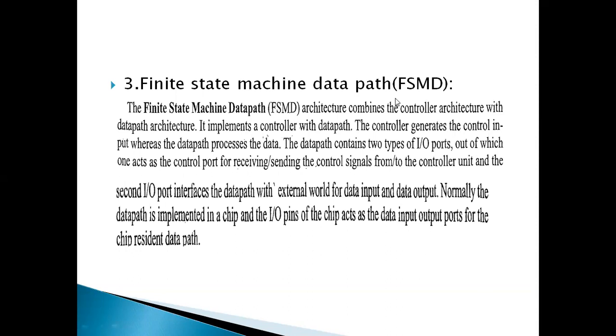The controller generates the control input, whereas the data path processes the data. The data path contains two types of input ports: one acts as a control port for receiving and sending control signals from the controller unit, and the second IO port interfaces the data path with the external world, for data input and output.